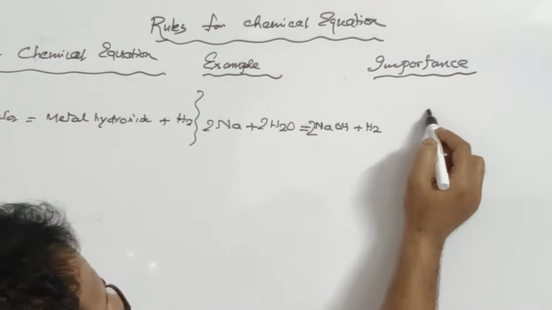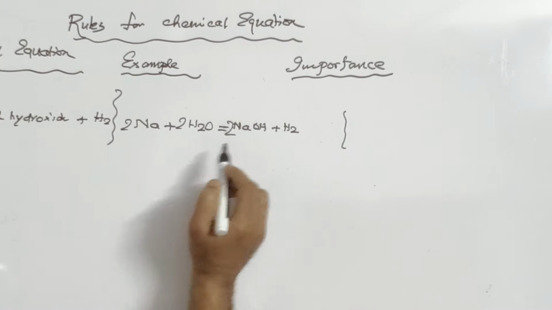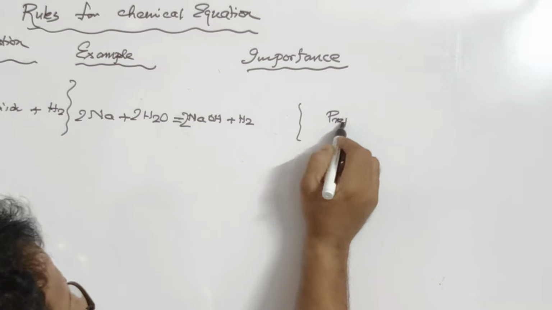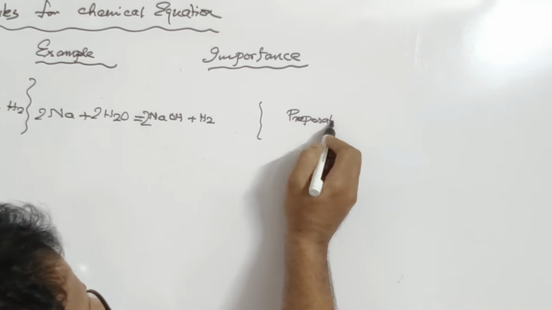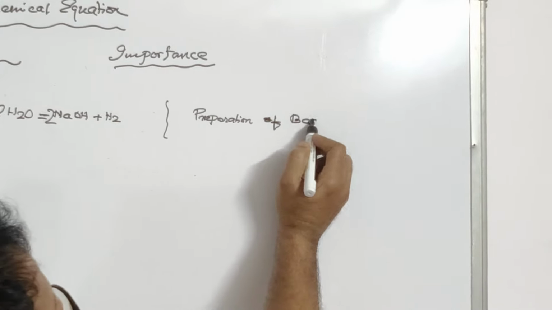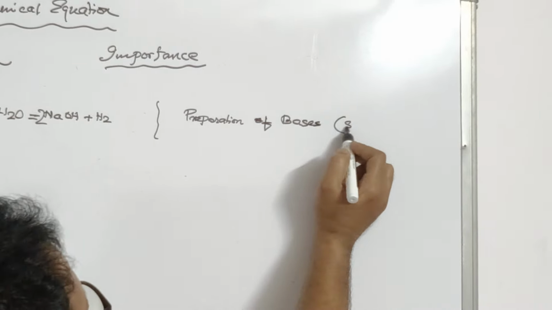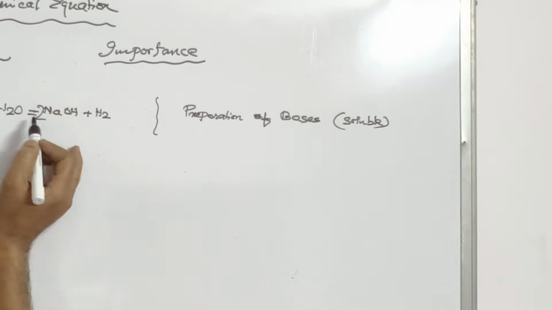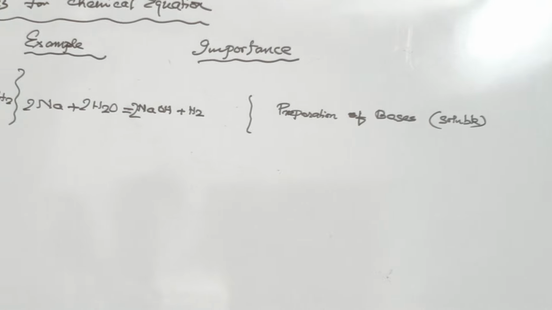Now, when you prepare the bases, this is the base, metal hydroxide. So this finds application in preparation of bases, okay, rather soluble bases, because these soluble bases are called alkalis. This is an alkali, okay.